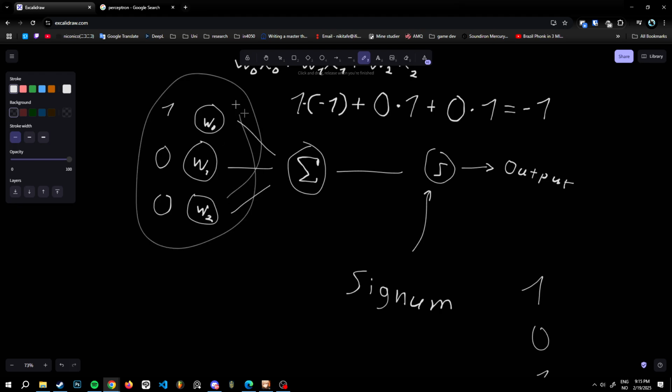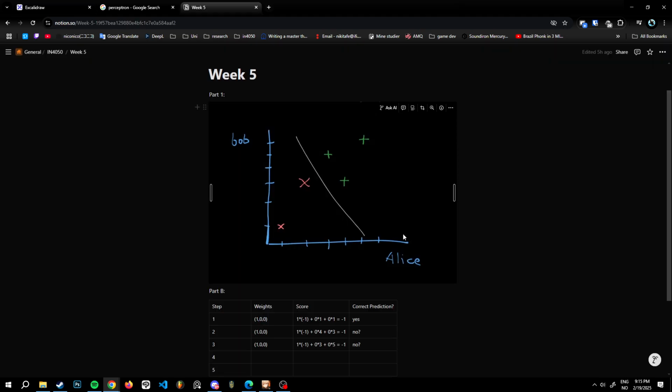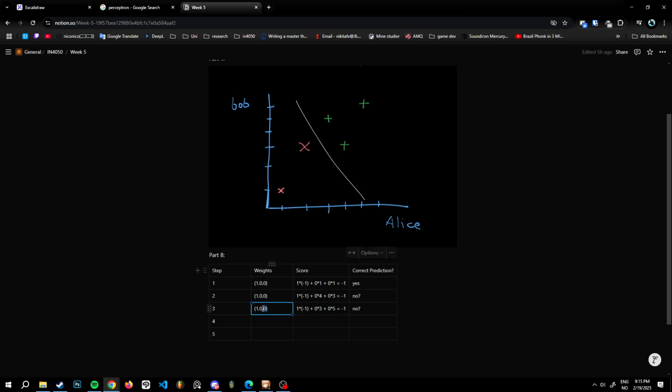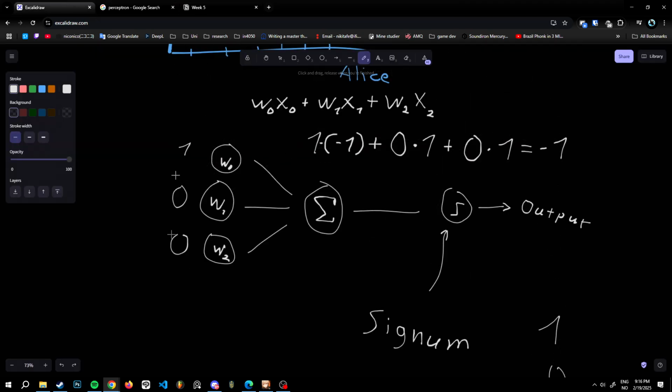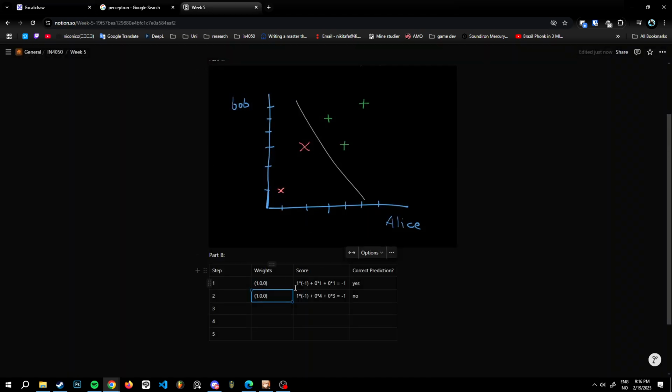We do not need to update these weights. I made a little bit easier way to look at it. We move on to the next step, right? Because it's the correct prediction, we do not do anything with the data or the weights. We still keep it 1, 0, 0.